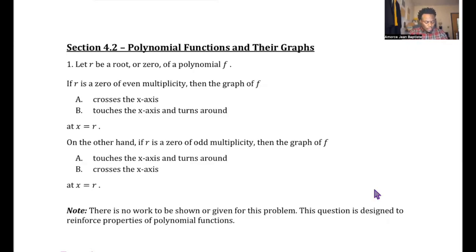So, well, the previous section, section 4.1, talked exclusively about quadratic functions.